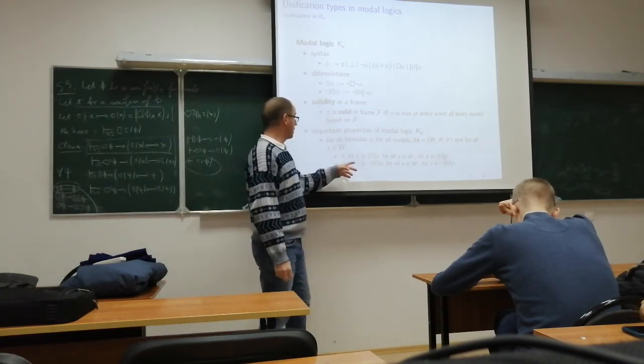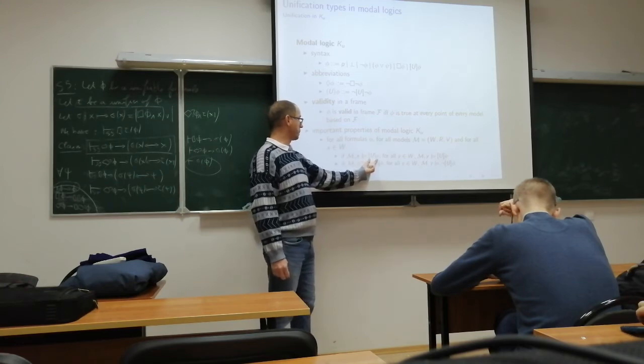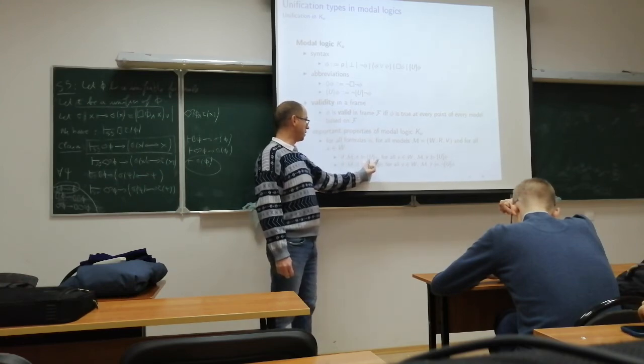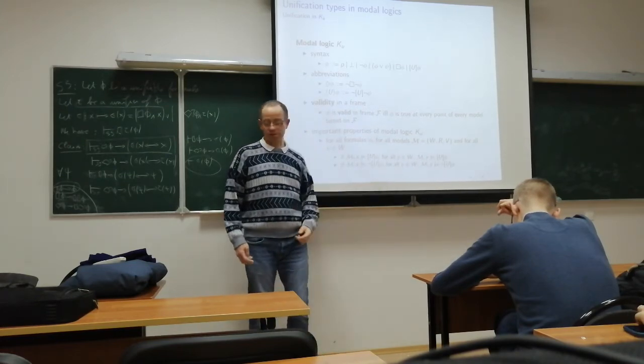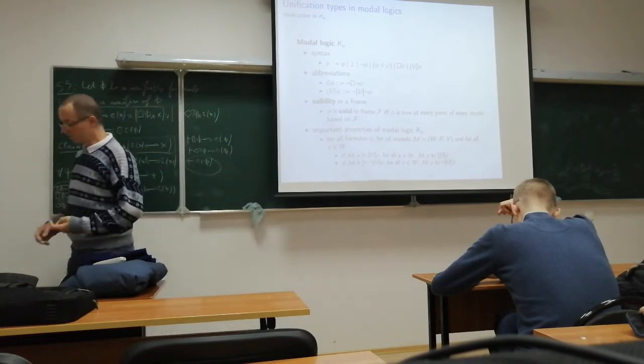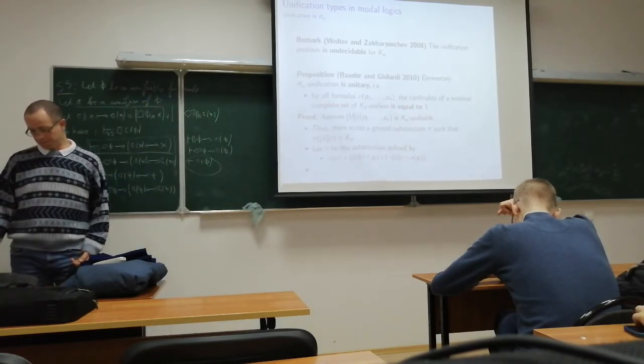An interesting property of the universal modality is that if somewhere in the model box U phi is true, then box U phi is true everywhere else. And the same for its negation, which is also a typical property of S5 modalities.